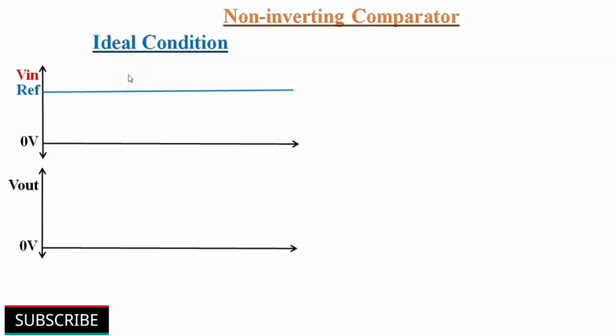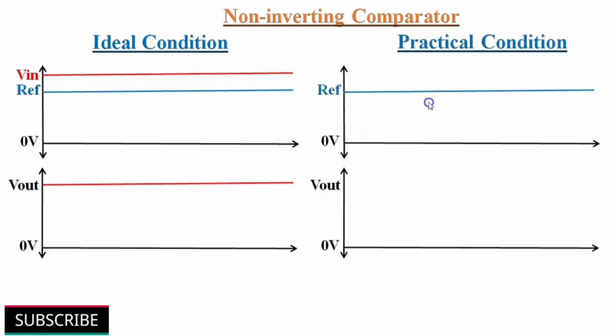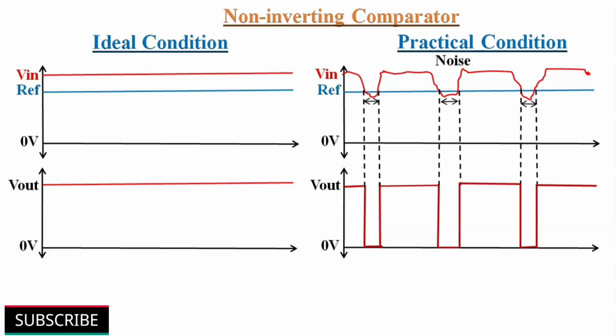One more thing to consider is that we have discussed the ideal condition of input signal without any noise. So the output will appear like this. But in practical conditions, if the input signal has noise, the output may get affected like this. And due to open loop configuration, comparators are not immune to external noise.